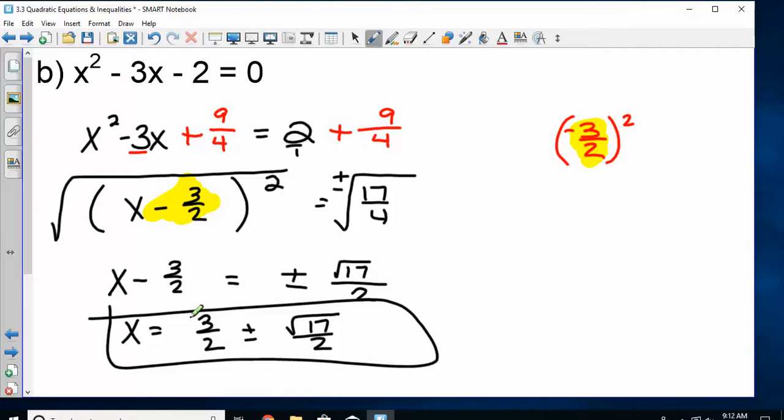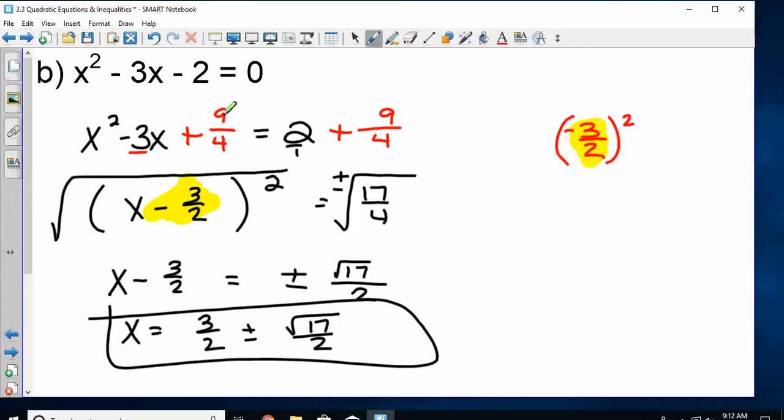Yes, ma'am. So the x minus 3/2. So it's basically always going to be multiple ways you can think about it. When we got our 9/4, I did that by doing -3 divided by 2 squared, so it's always going to be that number before you squared it.